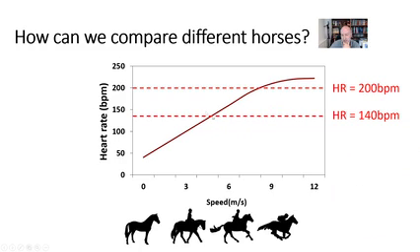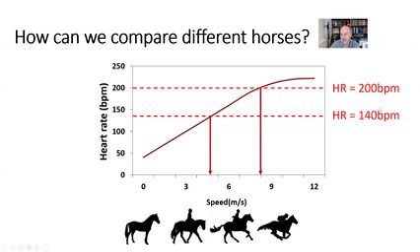One heart rate is around 140, one is at 200. 200 is a nice high heart rate because it's above that 160, so pretty much whatever the horse is doing is influenced by the work and not by anxiety or excitement or other things. But it's not quite at the point where it's plateauing off. And what we're interested in is at what speed those heart rates were reached.